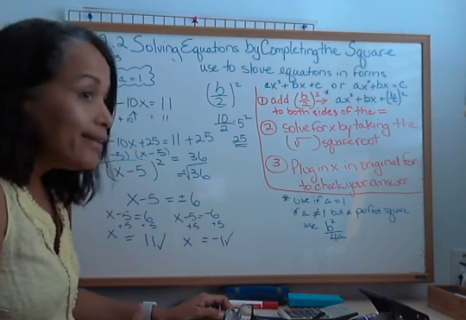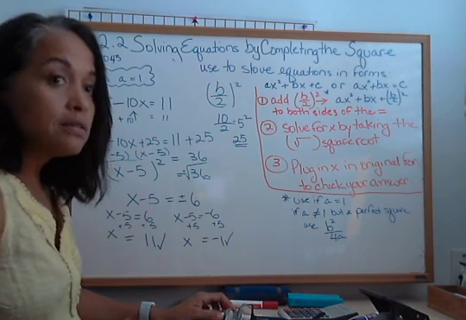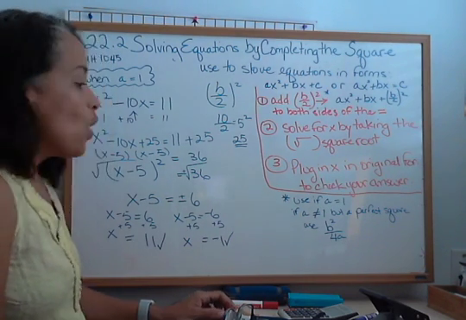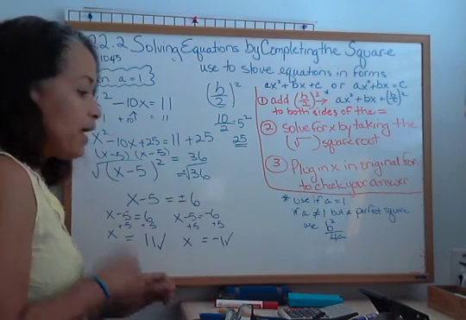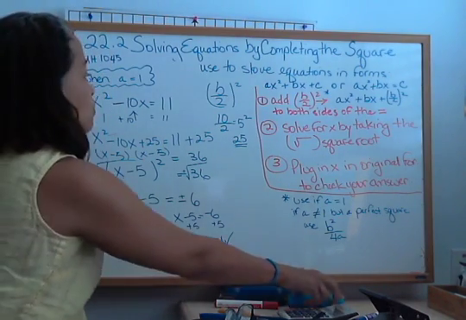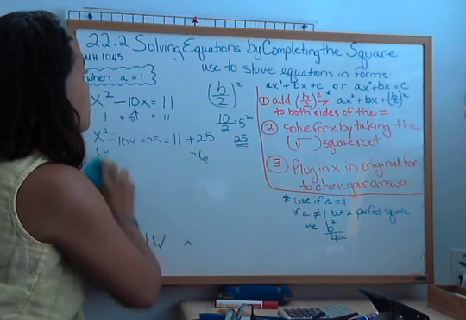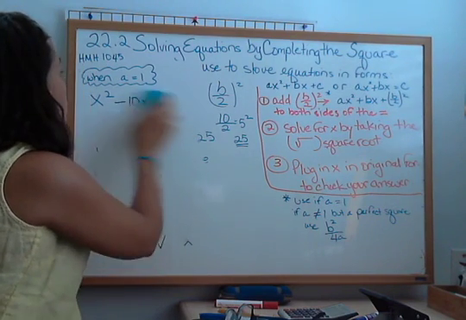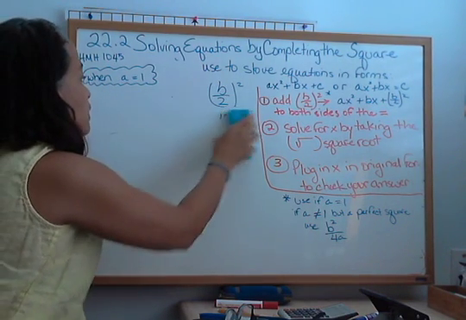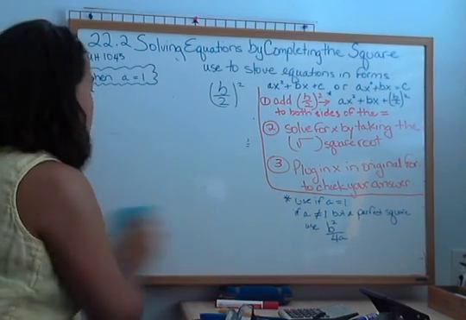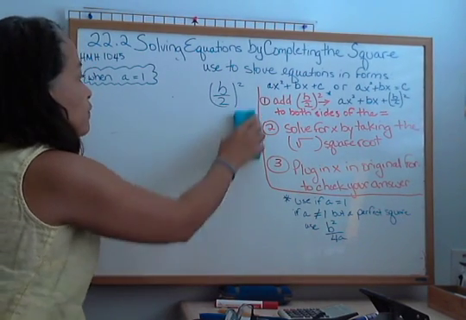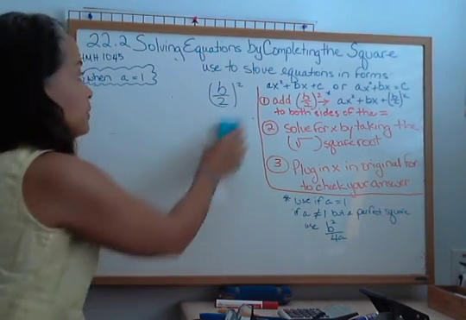Well, what about if a is not equal to 1? Sometimes we have an a that is 5, 6, 1/2. So I'm going to show you now if a is not equal to 1, but it is a perfect square. What do I mean? That the coefficient in front of the x squared is the perfect square of some number.